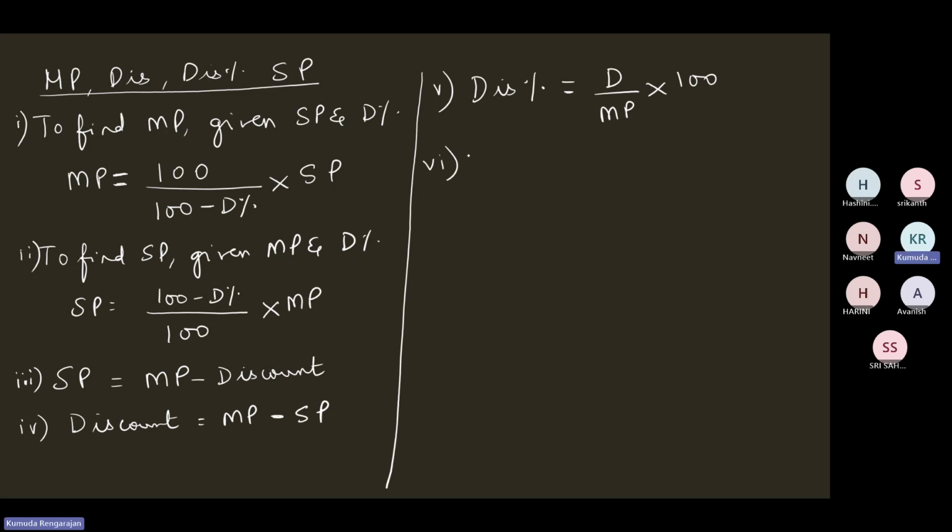Now, supposing a discount percent is given, so you're given D% and MP, to find discount in rupees. I'm taking the Indian currency.